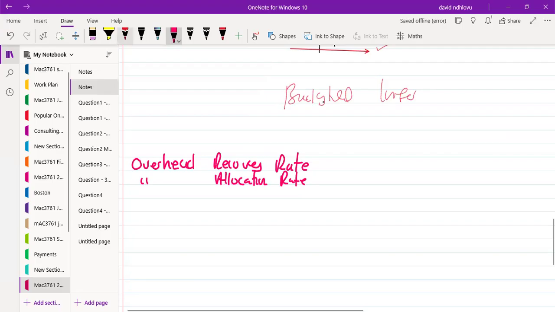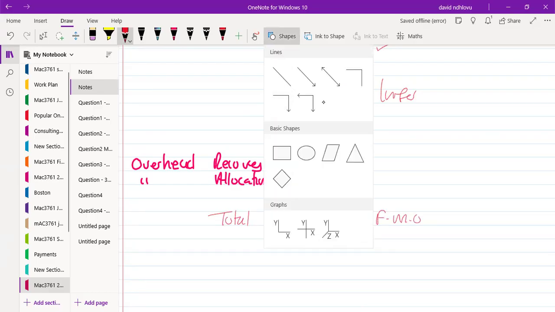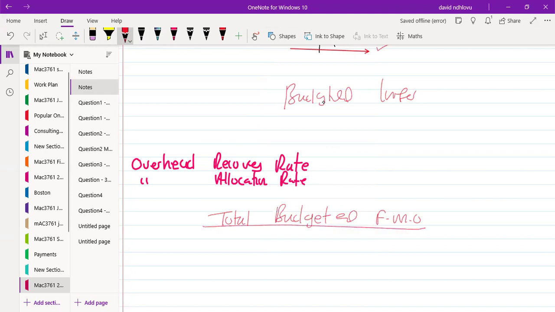Where we then say, a total budgeted, so we have to estimate this total budgeted fixed manufacturing overhead costs. Then we divide that by the total budgeted output.